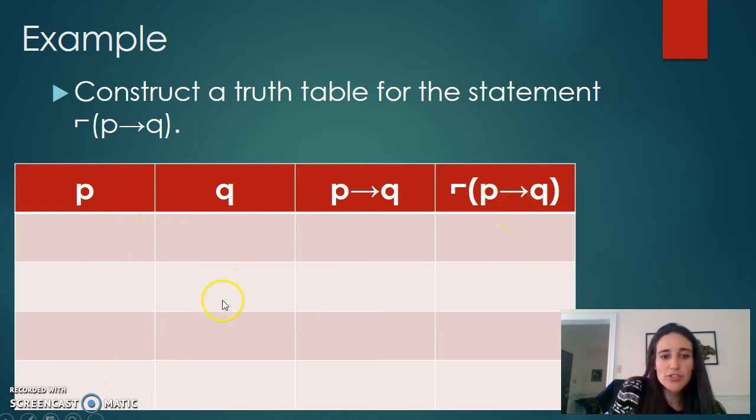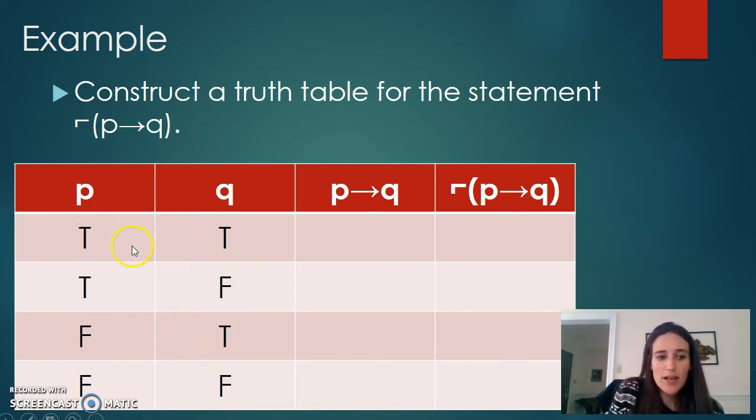All right, anytime we have 2 different statements with truth values, we'll set it up the same way every time. True, true, false, false for P, and then true, false for Q. Again, that combination represents every possible scenario of true, false values. And then we go from left to right. So our next column, P implies Q, we have that definition defined on a previous slide.